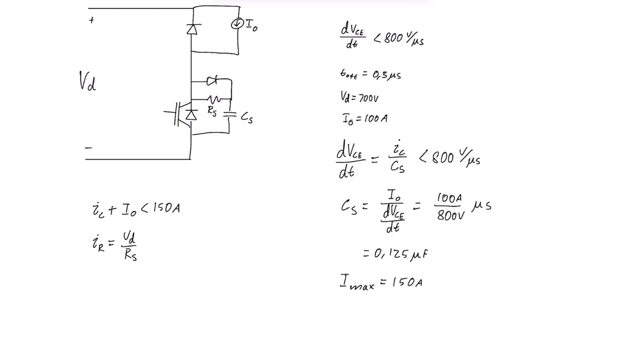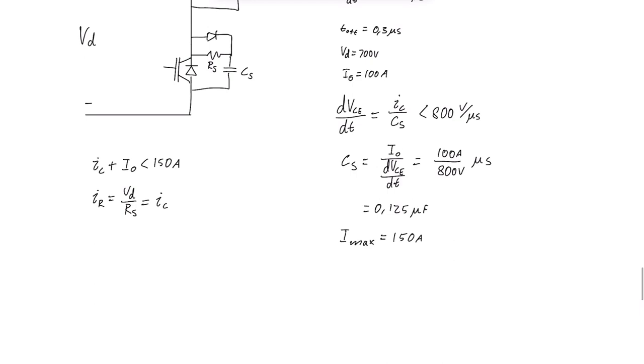And IR goes through the capacitor, so this would be equal to IC, right?